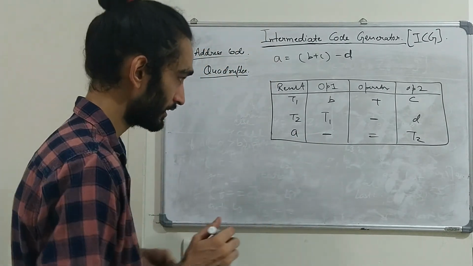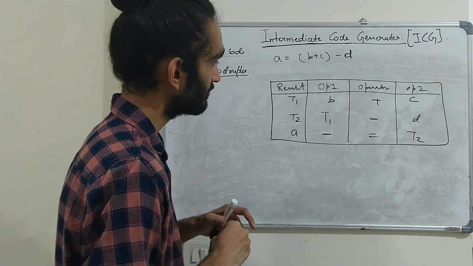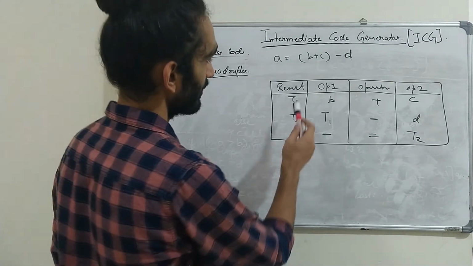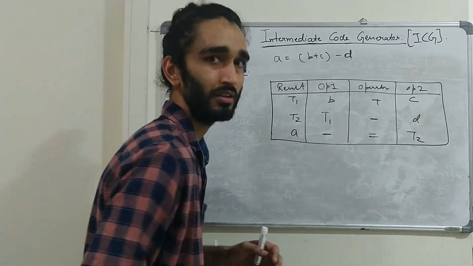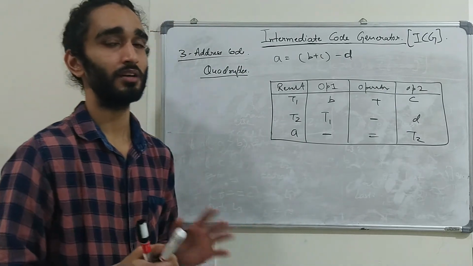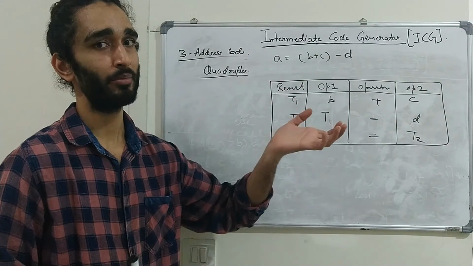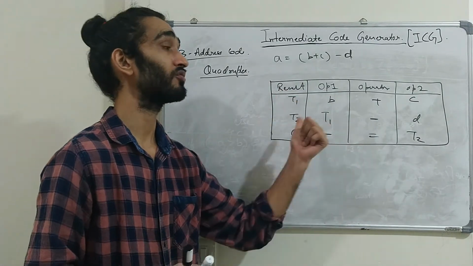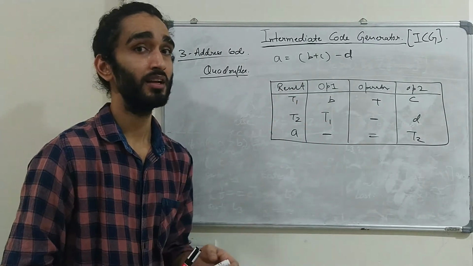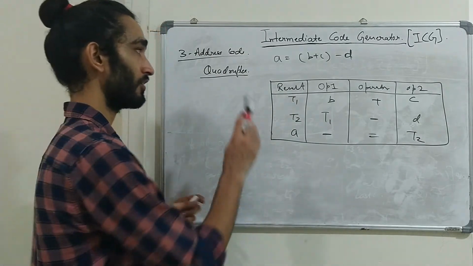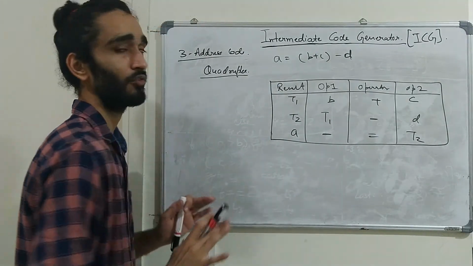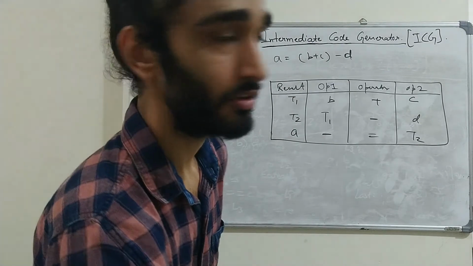So in here, as you can clearly see, the table is being occupied with temporary variables also, right? So these temporary variables are nothing but just a convenience for us to add things and store them for a temporary purpose. So if these are occupying most of the space in the memory, then it's an overhead for us, right? So for removing these kind of overheads, what we use is the triples, right?